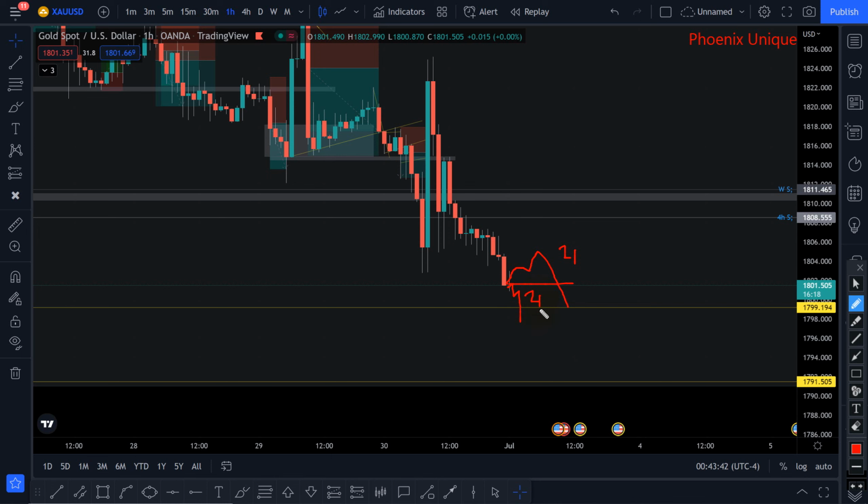This is scenario 1B. This is scenario 1A. If price comes above this guy, then we're anticipating some deeper retracement. This is scenario 2. It's just as simple as that. This is it. Okay. Let's look at Bitcoin.